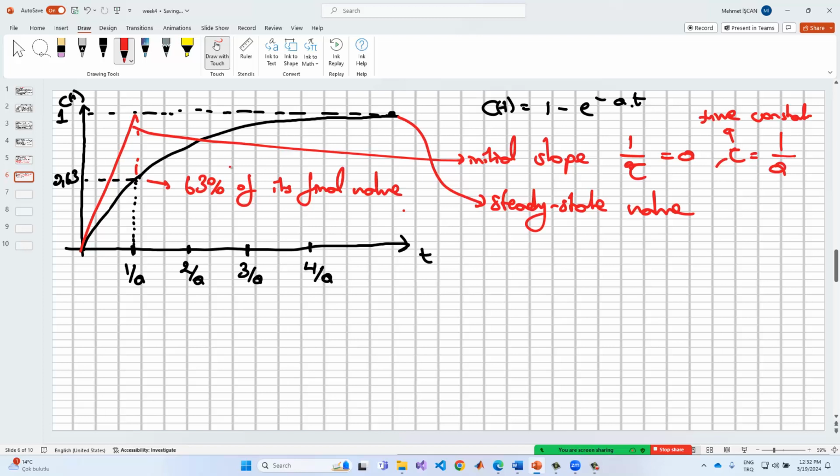And then if we choose 1 divided by a equal to tau, or 1 divided by tau equal to a, we can condition the system for 4 tau. This is called the settling time for this system.